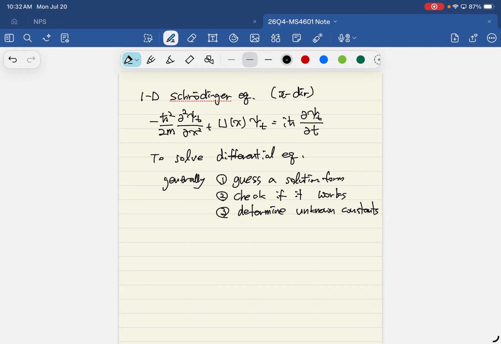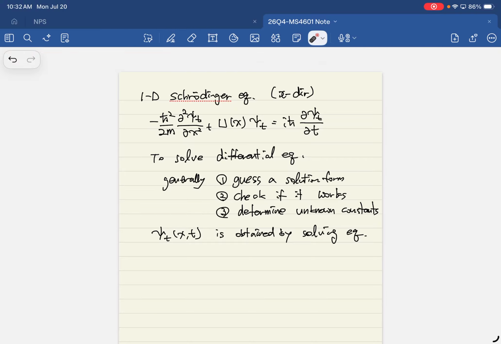So here, once we solve this equation, we will get this psi t, obtained by solving the equation here, okay? And then this psi t, this is the wave function.